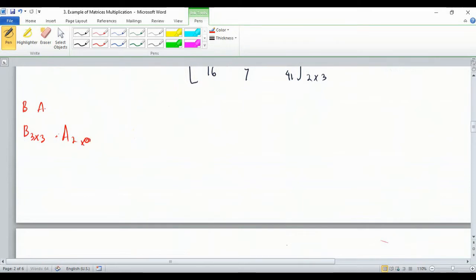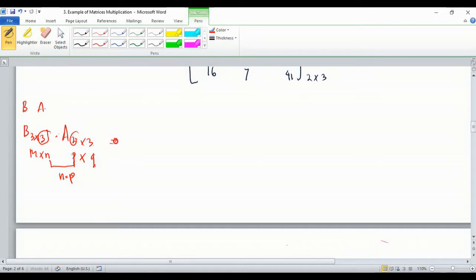Remember, first you need to find their dimensions: M times N, P times Q, and N should be the same as P. Look at N: N is 3 and P is 2.